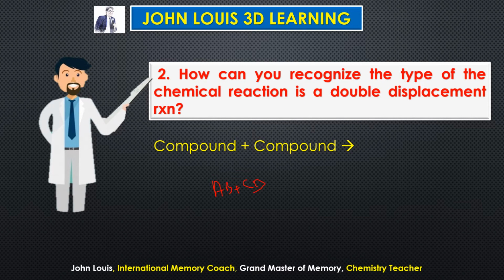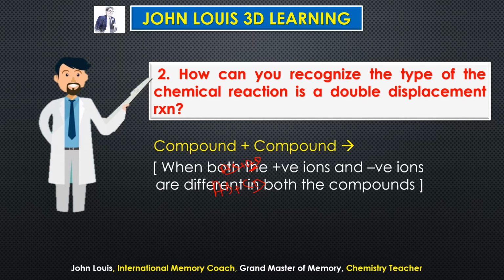Suppose you take AB and AD, here the positive ion is the same. Then it will undergo addition reaction, combination reaction, which we have already learnt in the combination reaction type. Only when all the four ions are different in both the compounds will this double displacement reaction take place.